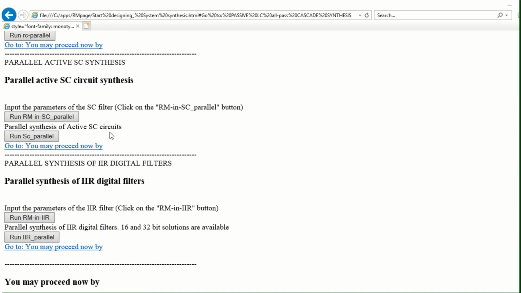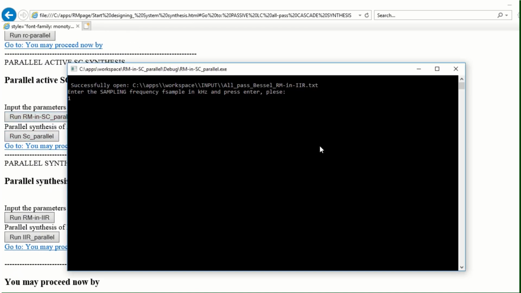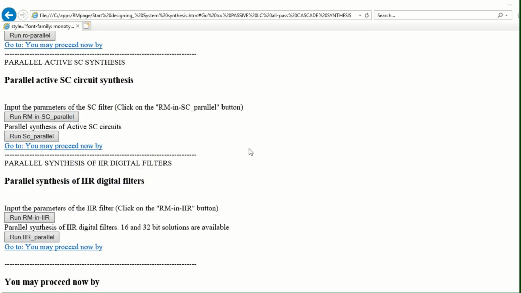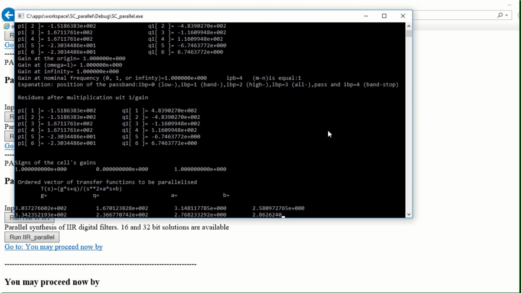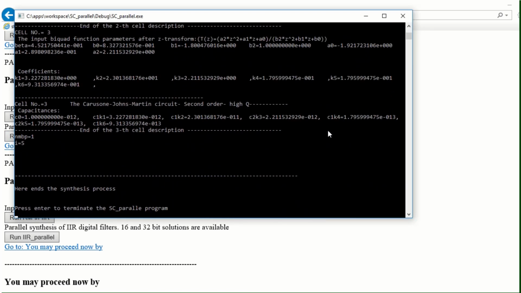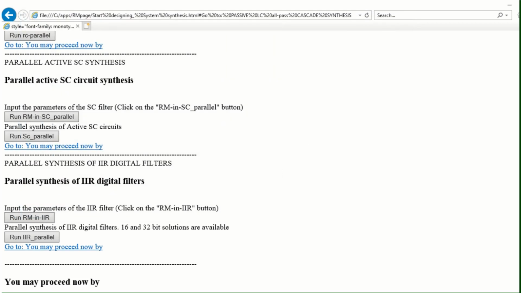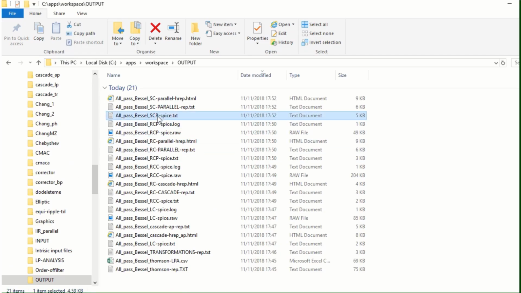Now we will go to the switched capacitor, 10 megahertz, because the frequency is about 100 kilohertz, so that is the same like earlier. Normalization capacitor, let's be 1 picofarad, and then we will start the synthesis. And then here is the SPICE file.